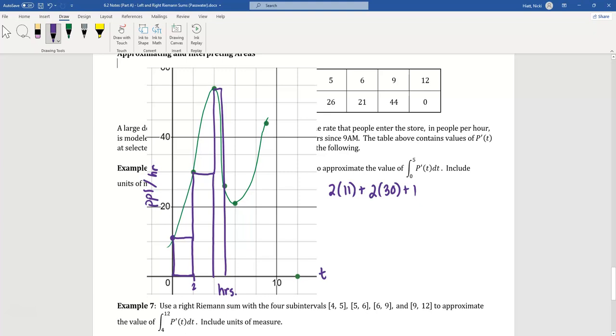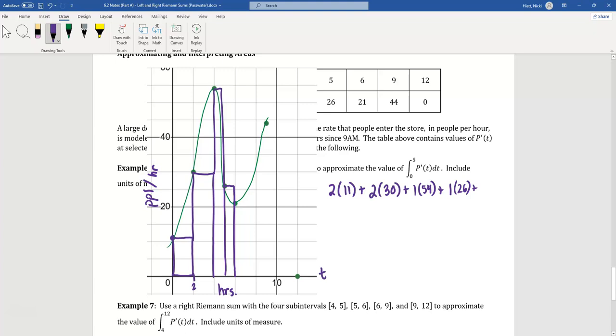Oh, yeah, I'm looking at it way wrong. 59? 54? I've covered up my table, so it's making it more difficult. The next one would be right here. And that has a width of 1 and a height of, that's 26. I'm getting where I can see my table now.